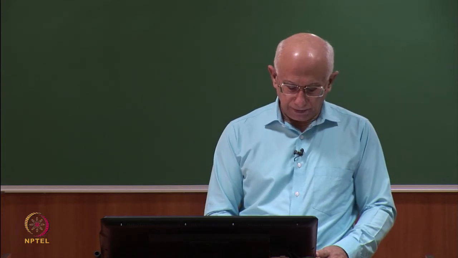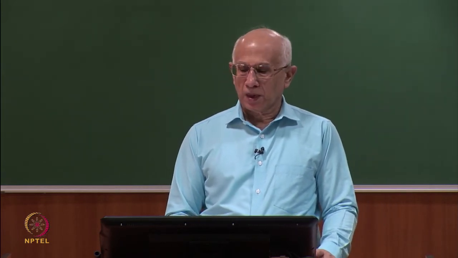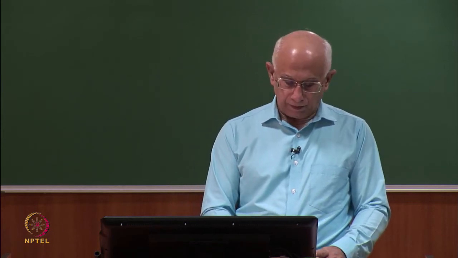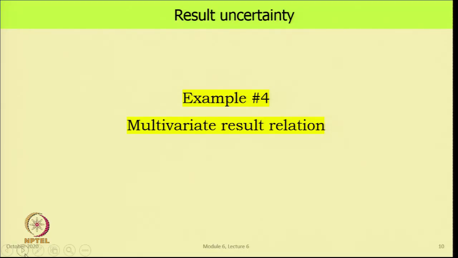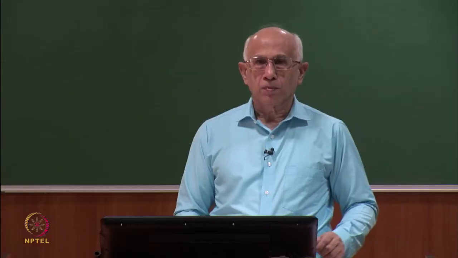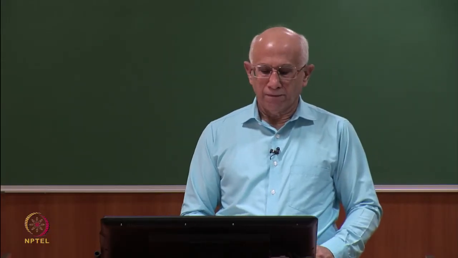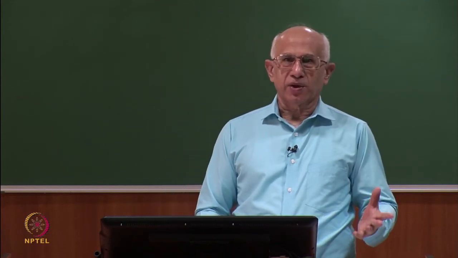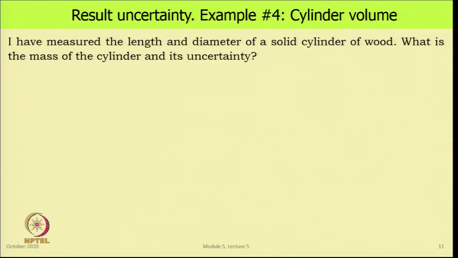Now, we go to the next example. A multivariate result relation. So, you have an analytical expression and we want to calculate uncertainty. Here is the typical statement of this type: I have measured the length and diameter of a solid cylinder of wood.